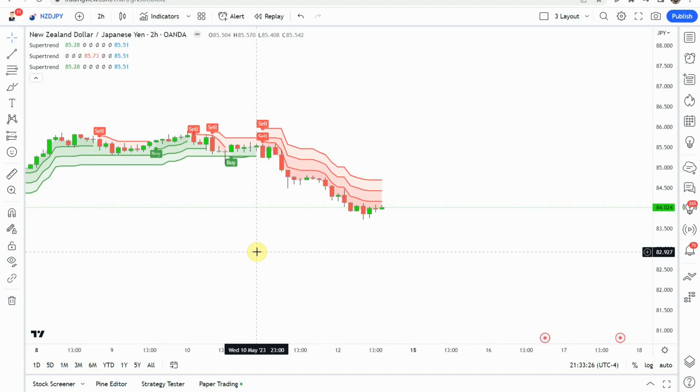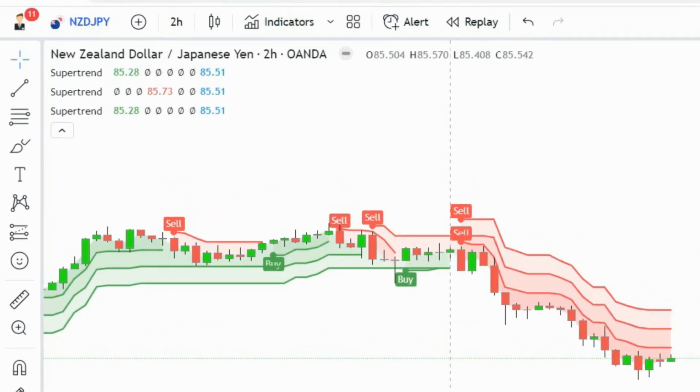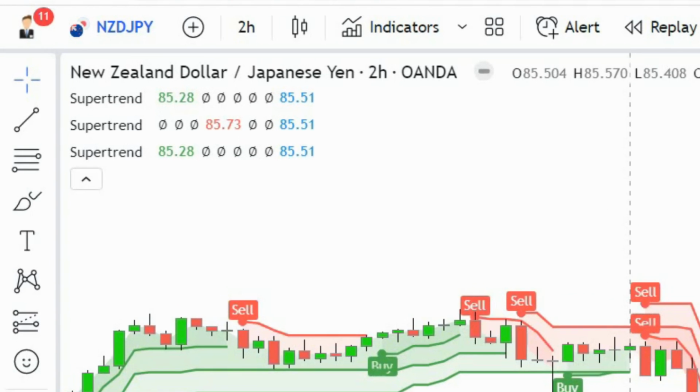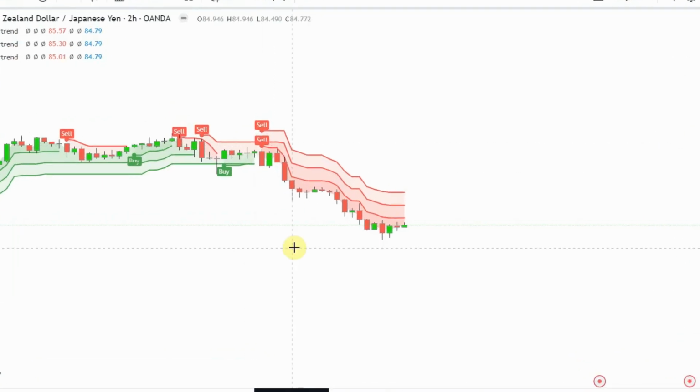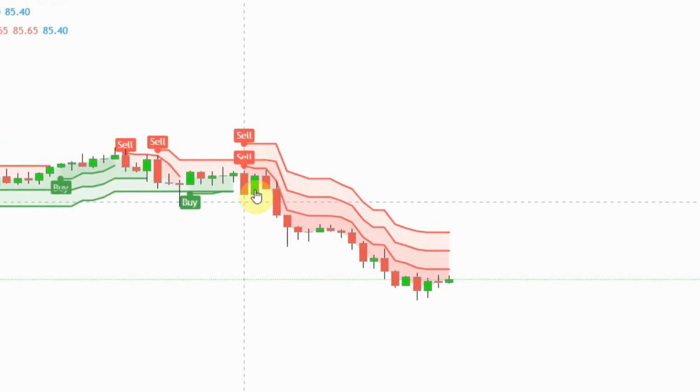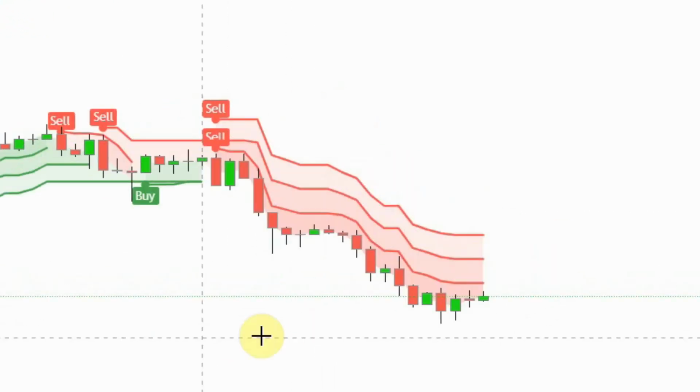Alright, as I said, today we are looking at a Forex day trading strategy. This strategy consists of three different indicators. I guess one indicator, but three of them on screen. It's the Supertrend indicator, and there are three of them to give this stepped down effect right here.